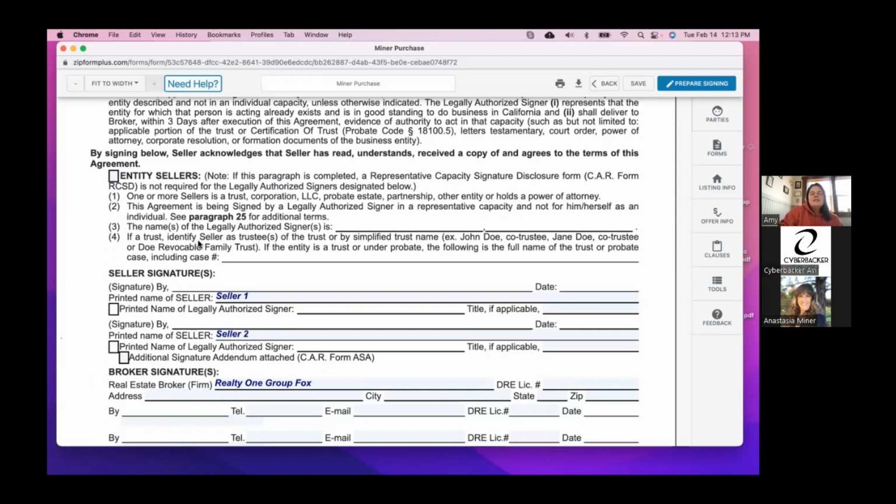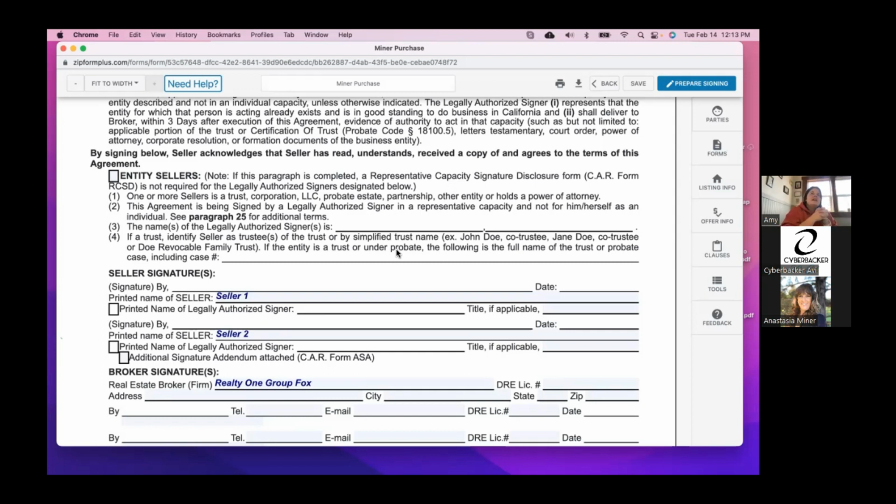If a trust, identify the seller as the trustees of the trust by simplified name, such as John Doe co-trustee, Jane Doe co-trustee, or the Doe Revocable Family Trust. If the entity is a trust or under probate, the following is the full name of the trust or probate case. So if it's an LLC, the buyer or seller's name gets listed as the LLC.